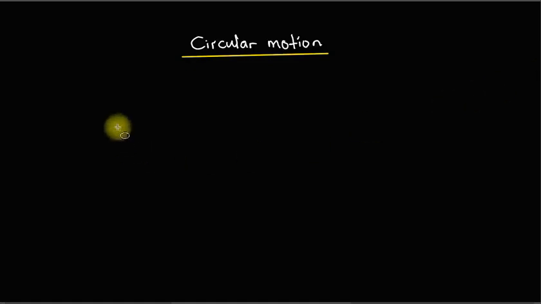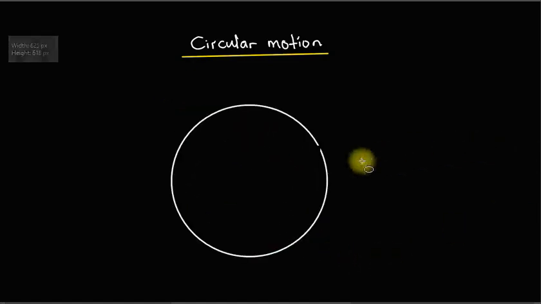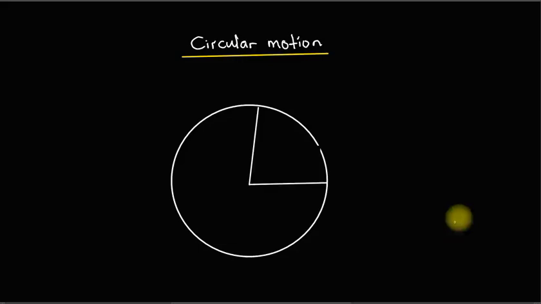Alright, so I'm just going to draw a circle to represent our circular motion, and then I am going to draw a straight line from the center of the circle showing 2 points of an object along its circular path, and the angle through which the object has moved, which is the angular displacement, is represented by theta.